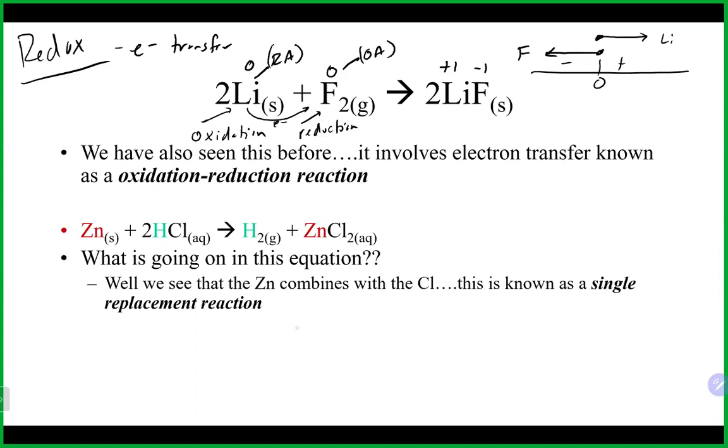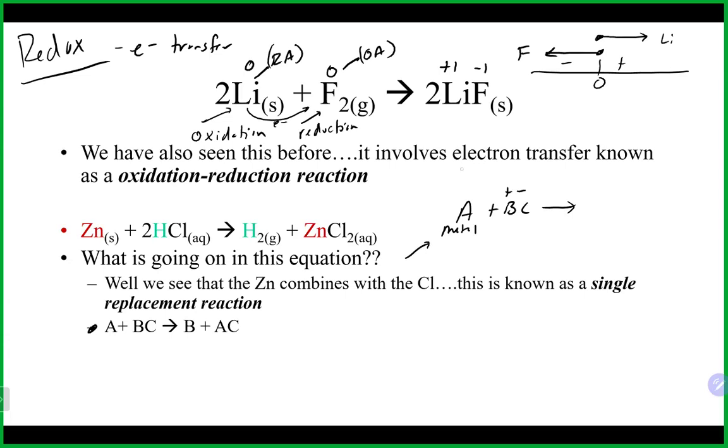Single replacement reactions are a type of reaction where you have a certain setup, and this setup can be one of two things. We can have A plus BC, where A can be a metal and BC will be an ionic compound.